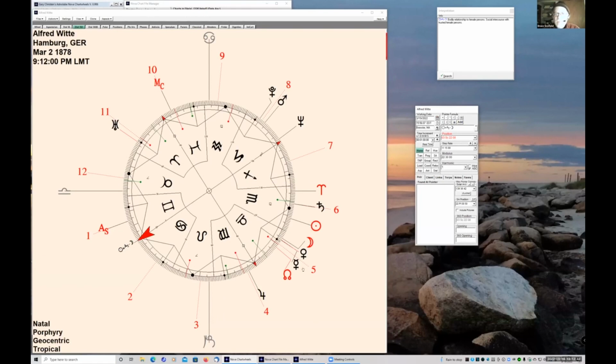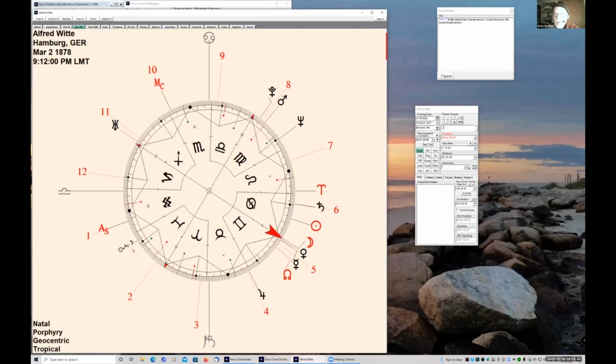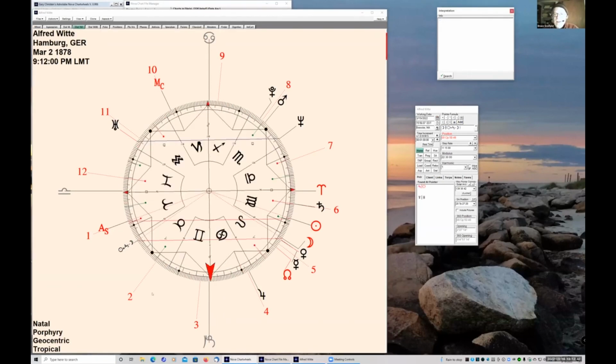Let's call it 68 degrees, where the one in the middle is at the midpoint of the other two. And Witte called this out and said this is significant, that the one in the center is actually sucking in and synthesizing the symbolism of the other two. And so that gives that one in the middle a very specific, individualized meaning.